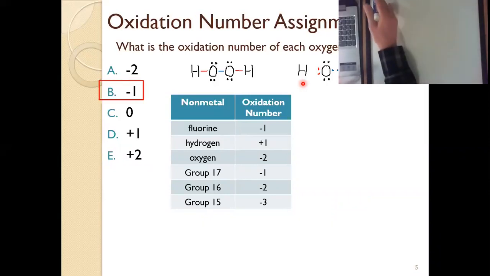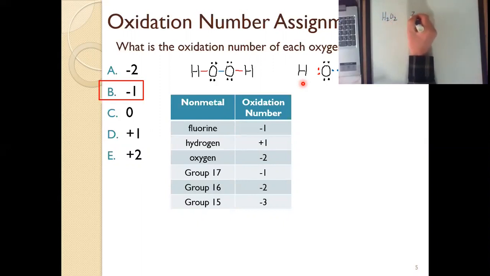Also, we could do the other method using our table. So with hydrogen peroxide, we know it is composed of 2 hydrogen atoms and 2 oxygen atoms. So the sum of the oxidation numbers of 2 hydrogen atoms and 2 oxygen atoms must equal the charge, which is 0. Hydrogen is higher up in this priority table than oxygen. So we would treat oxygen as our unknown, so to speak.